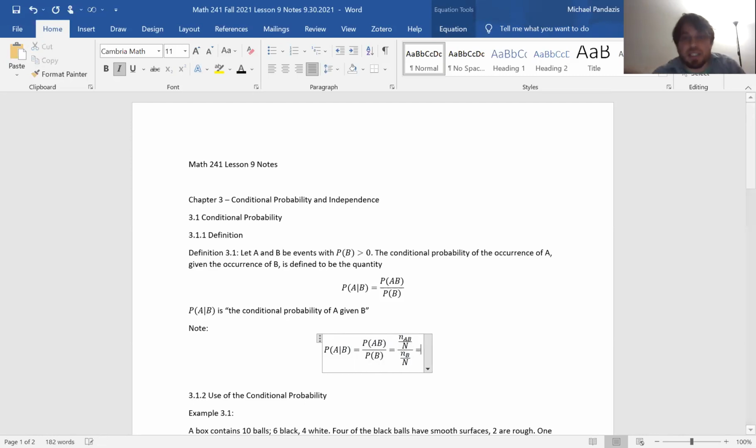Now, the capital N cancels, and so this is the same thing as saying the number of elements in the set AB divided by the number of elements in the event B.